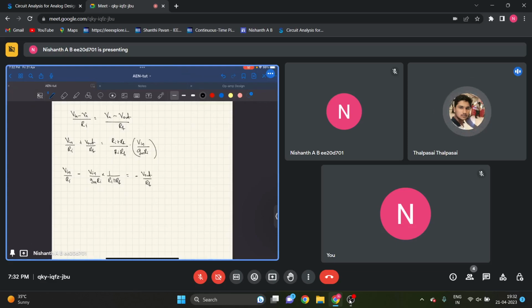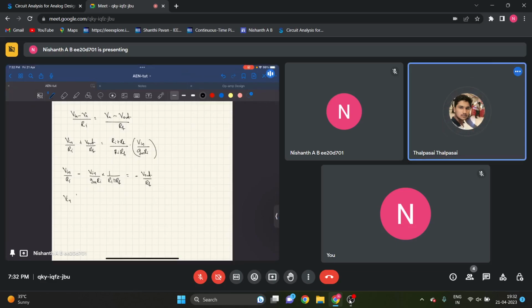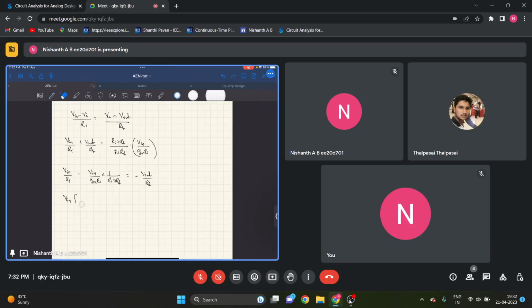You take Vin common, 1 by Ri. Vout by Vin is approximately minus Rf by Ri into 1 minus 1 by Gm times Ri parallel Rf, correct?